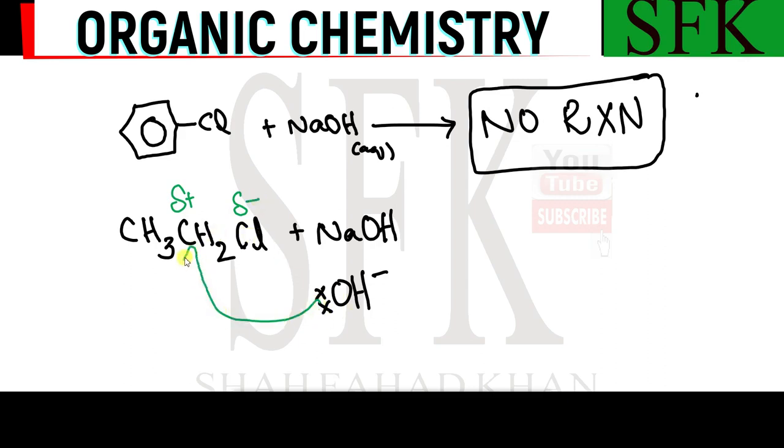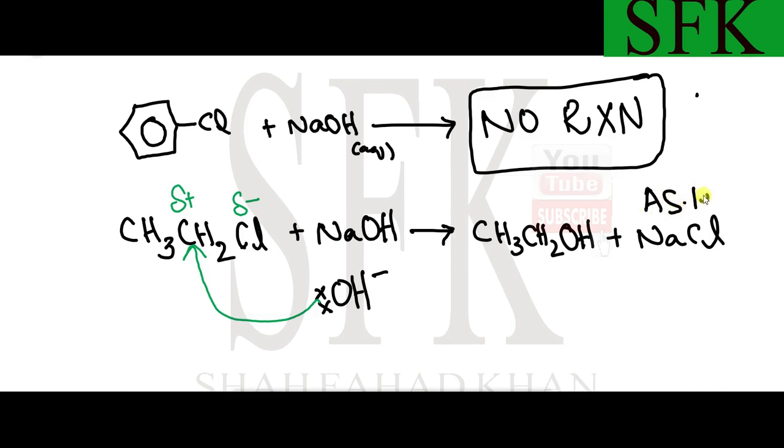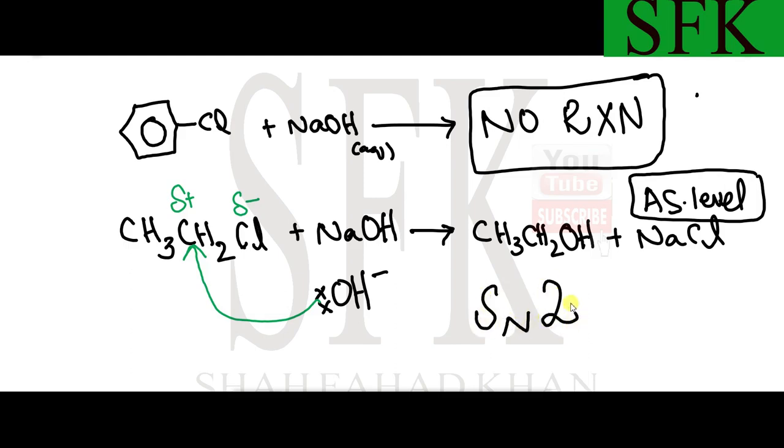Then this bond breaks, and through the SN2 mechanism, because it is a primary alkyl halide, we have our final product as CH3CH2OH, ethanol, plus NaCl. This is a reaction from your AS level chemistry, the nucleophilic substitution reaction.